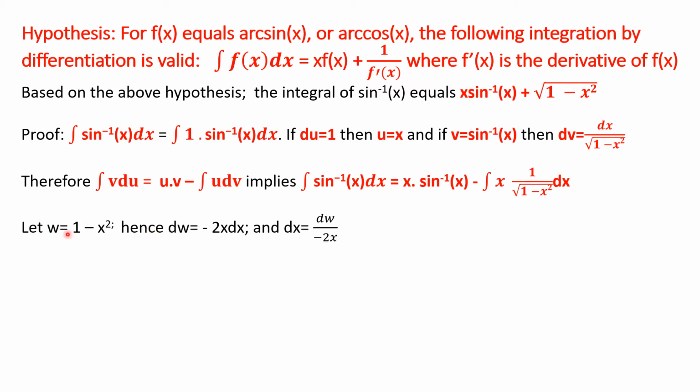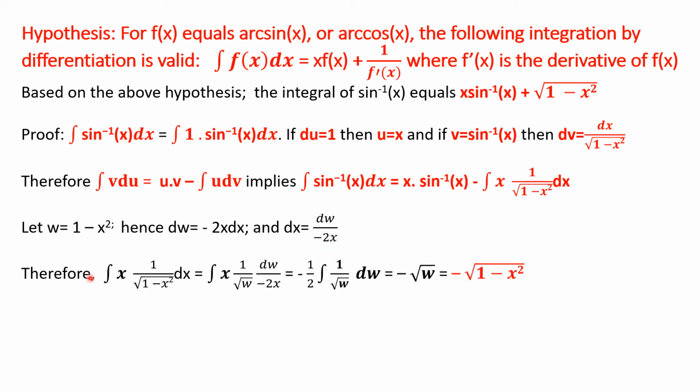Let w equal 1 minus x squared. Hence dw equals negative 2x dx, and dx will be equal to dw divided by negative 2x.